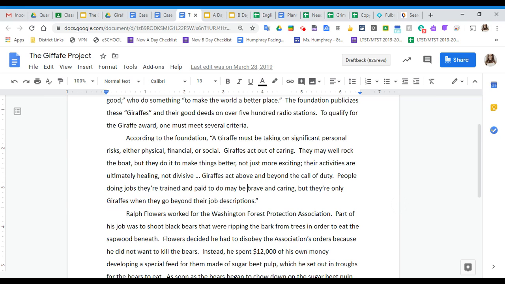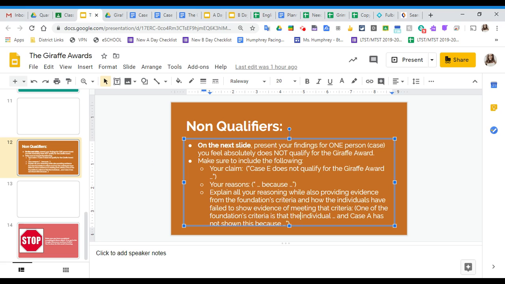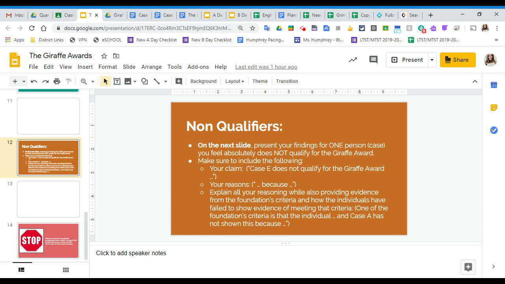So they are brave and caring, but they're only giraffes when they go beyond their job descriptions. And in the situation of case E, this particular person was only doing what their job requires them to do or what they're paid to do. They didn't necessarily go above and beyond. Okay, so make sure that you're very clear with your explanations.